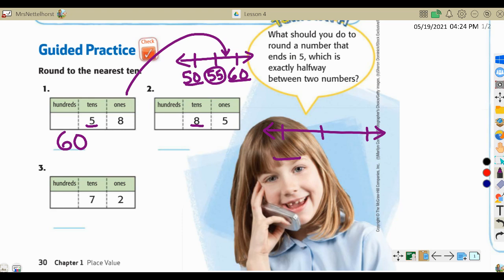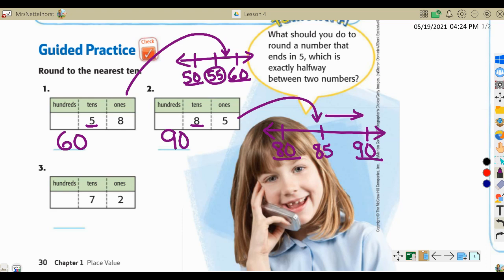Put a line under the first tick mark and the last tick mark. I'm in the 80s, great decade. And 10 more than 80 is 90. Smack dab in the middle is 85. So I look at my number, oh, there's 85. It's exactly in the middle, which tells me I'm going to automatically round up to 90.